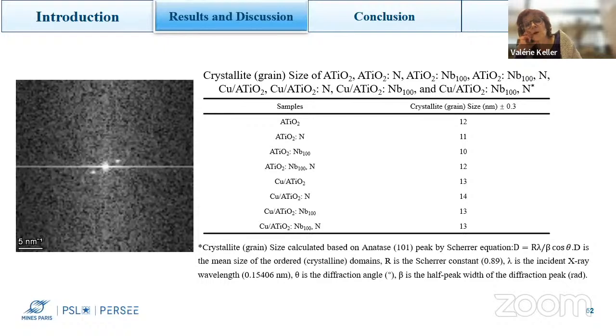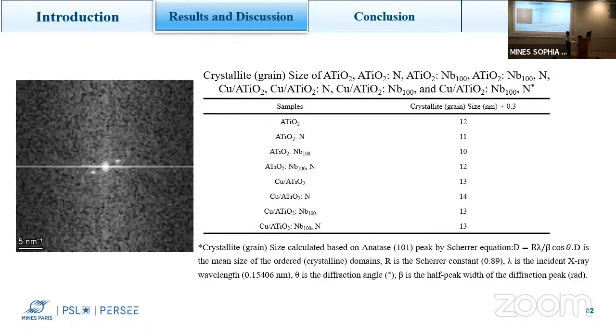Okay, how could you explain it? You mean the crystallite size didn't change too much? Maybe because of the low doping amount in our case.